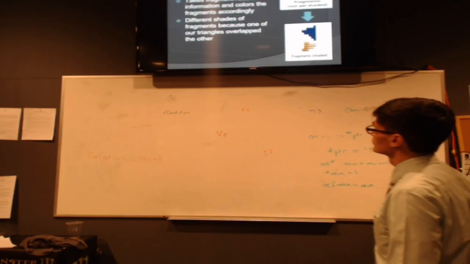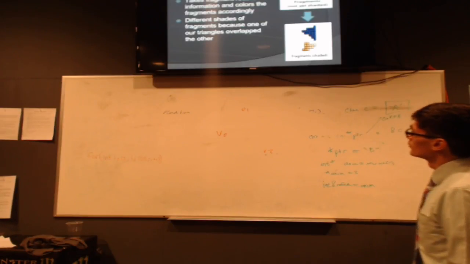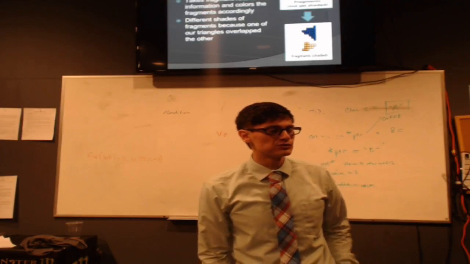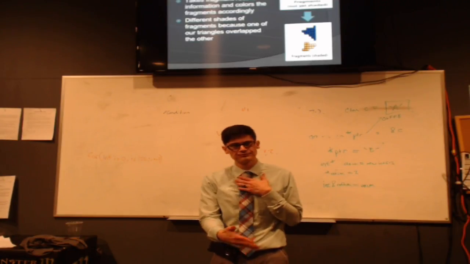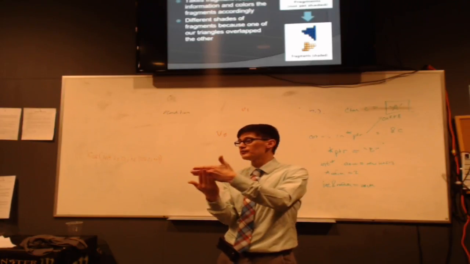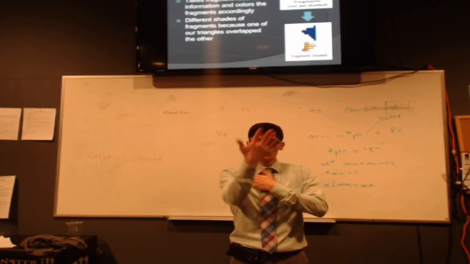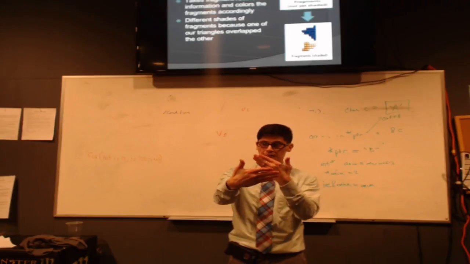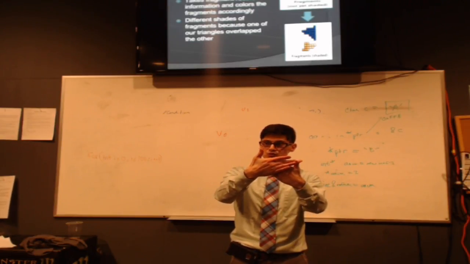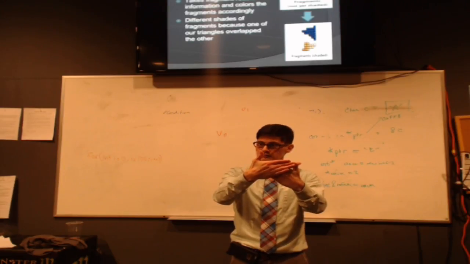So different shades of fragments because one of our triangles overlapped the other triangle. This is where the culling comes in. If one lays on top of the other, and you already drew this one, and it took up pixels that were part of the other fragment, which one's going to get the color?